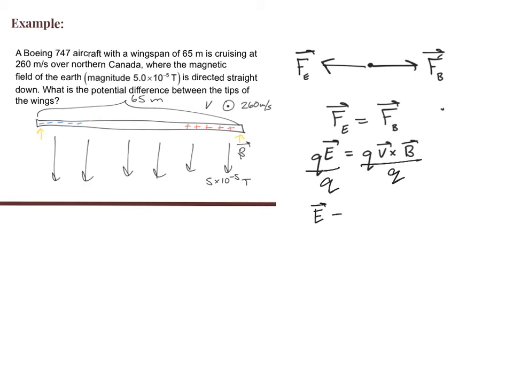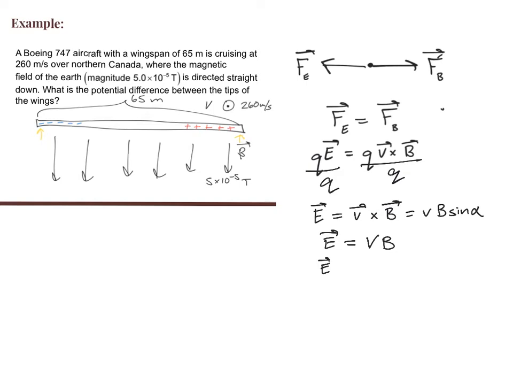We'll say electric field equals V cross B, which is equal to VB sine of alpha, the angle between them. The angle here between the velocity, which is horizontal, and the field, which is vertical, is 90. So this equals velocity times the magnetic field. And we have both of those numbers.